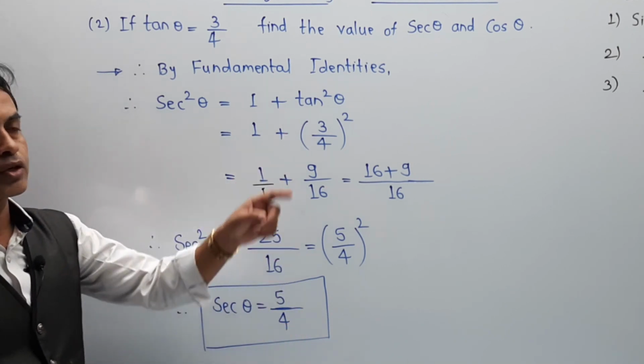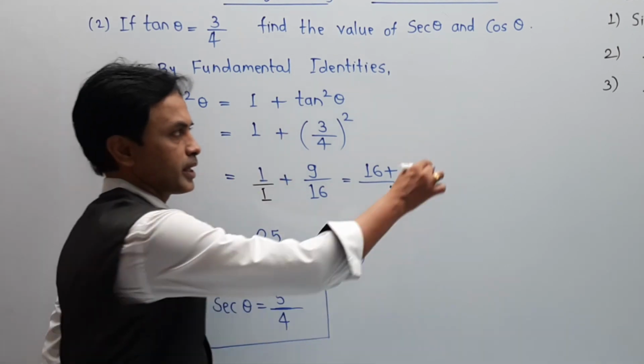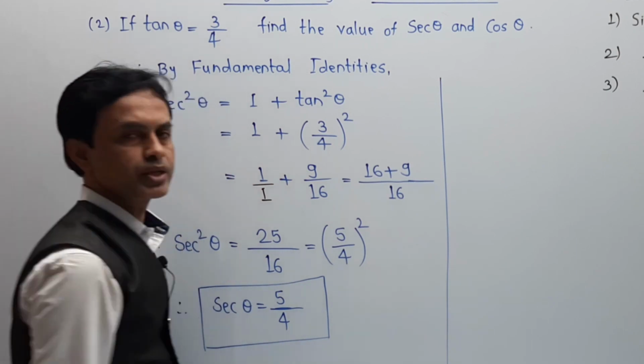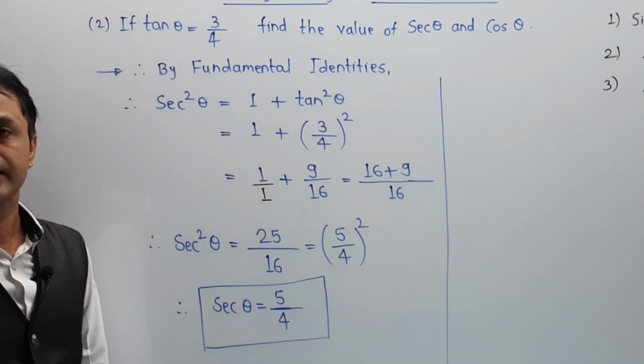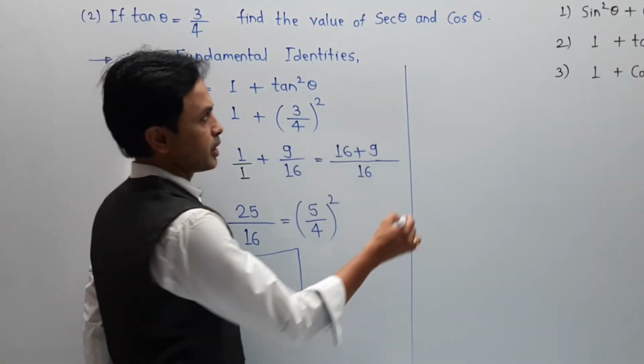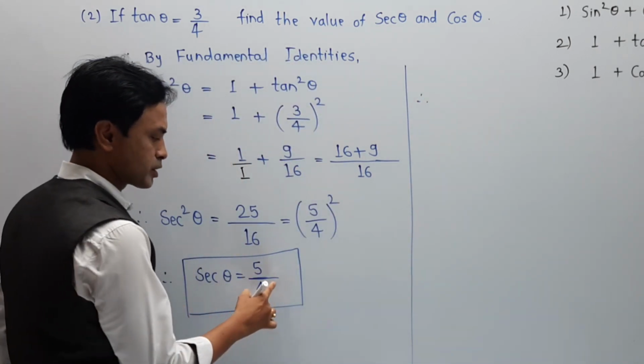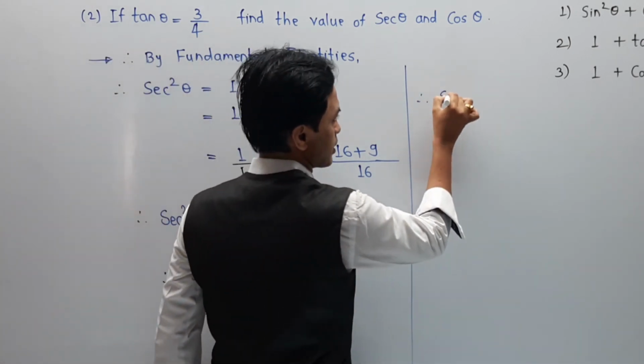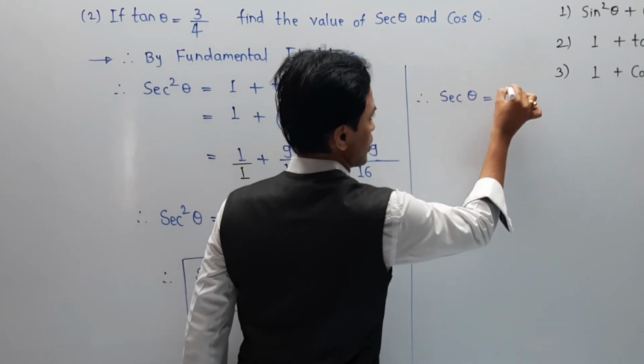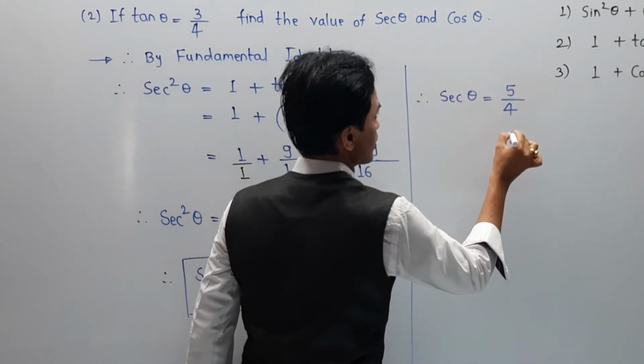Also we have to calculate cos theta. In that case again we are using a simple formula: sec theta is the reciprocal of cos theta and cos theta is the reciprocal of sec theta. Means here for cos theta, we already have the value of sec theta as 5 by 4.